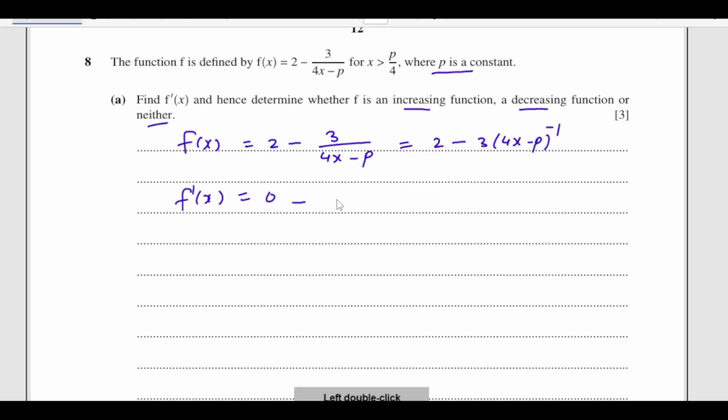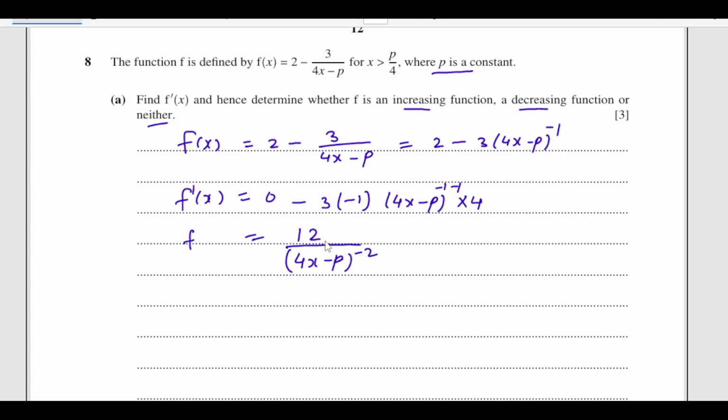So when we do the derivative, this is going to be 3 into minus 1, (4x minus p) power minus 1 minus 1, times the derivative of this, which is 4, right? So positive 3 times 4 is 12, over (4x minus p) power 2. So this is our f dash x, that is the derivative, okay?